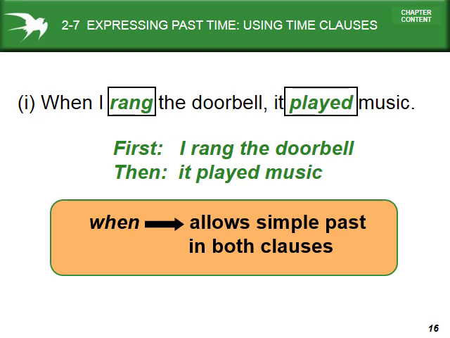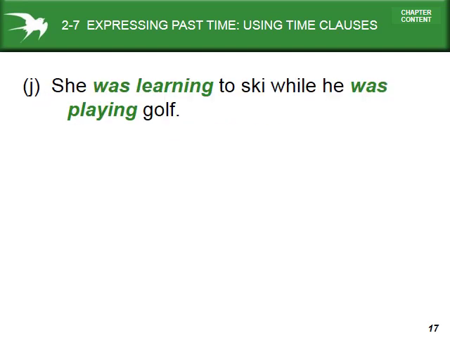So I rang the doorbell. That's the first thing that happened. The next thing that happens is it played music. Okay? So the time clause is what happened first with when, okay? And the main clause is what happened second. Okay? Again, this is when you're using when.